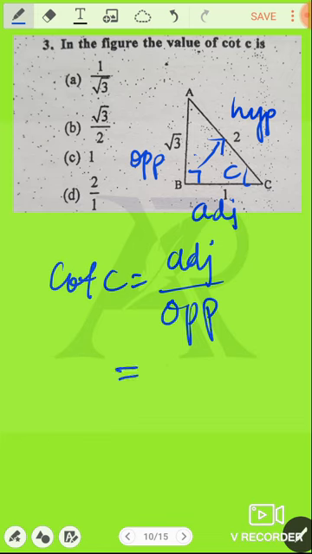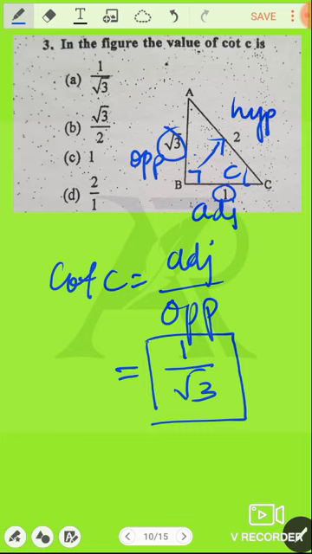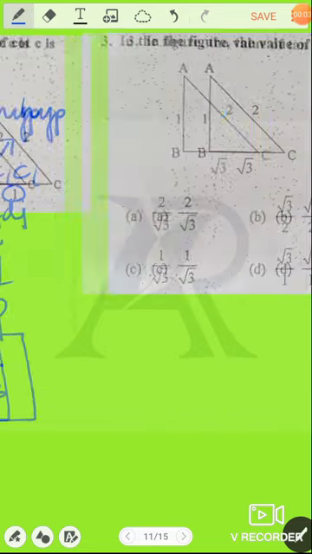Therefore, let me substitute the values. The value of adjacent is 1. Opposite is root 3. Therefore, I have got 1 by root 3. Let me see the options. See the option A, 1 by root 3. That is the correct answer. Let us see the next question.